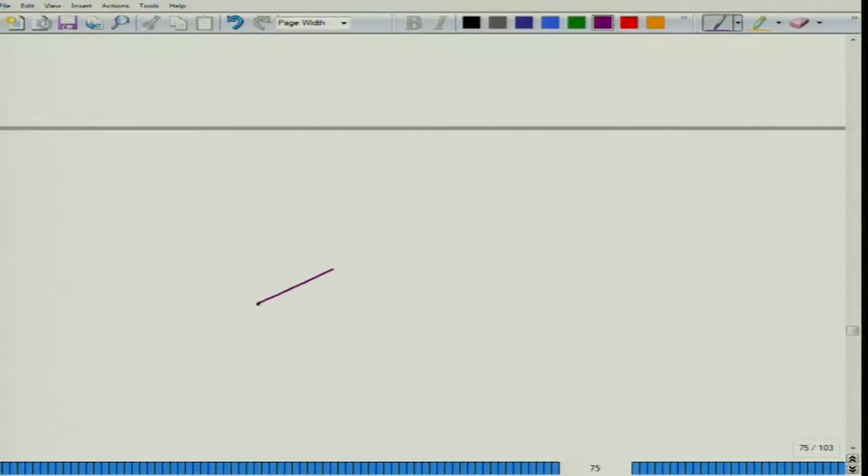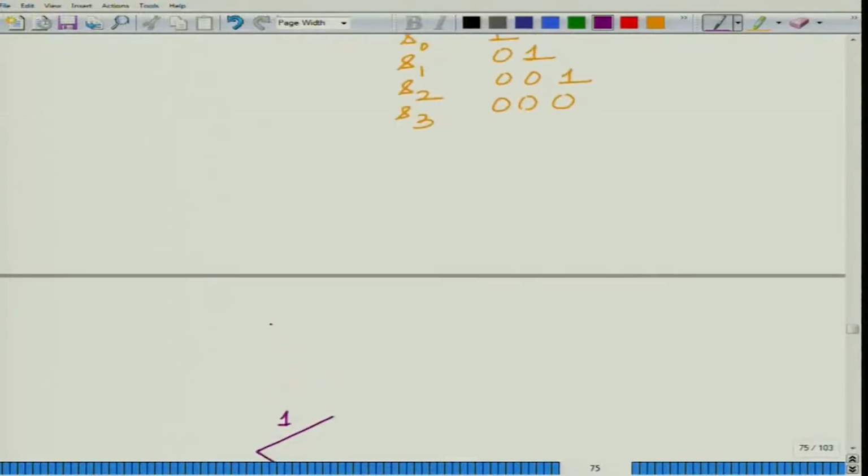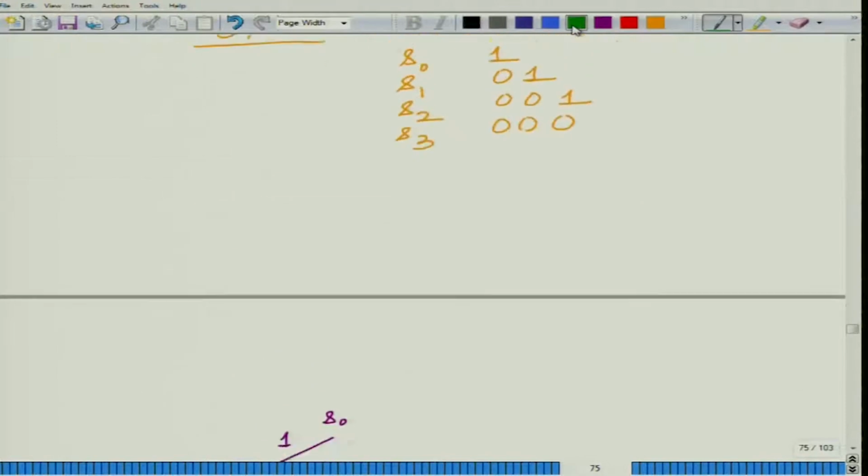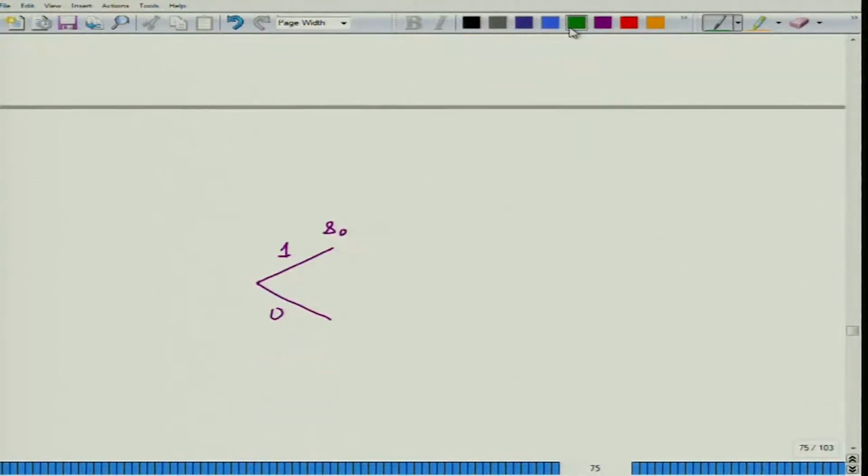representation. You go above for 1, below for 0. S0 is 1, so this is basically your S0. S1 is 0 comma 1, you go below for 0, then 0 comma 1, this is S1.